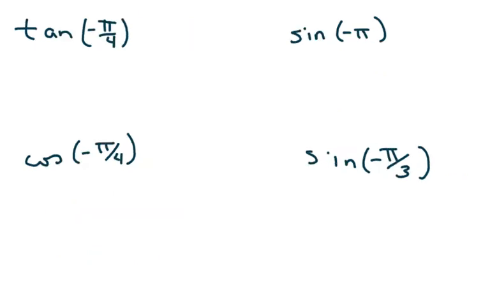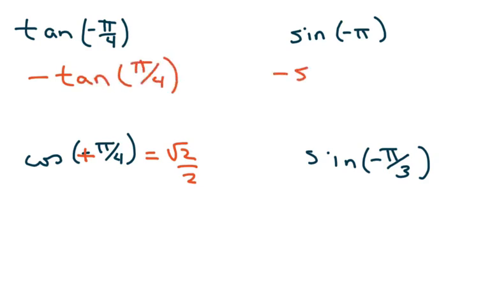Okay, this is even. This is the only even. Cosine of pi over 4 is square root of 2 over 2. The rest of these, I'm going to pull out the negative because all of these are odd. So we have negative tan of pi over 4, negative sine of pi, and negative sine of pi over 3.